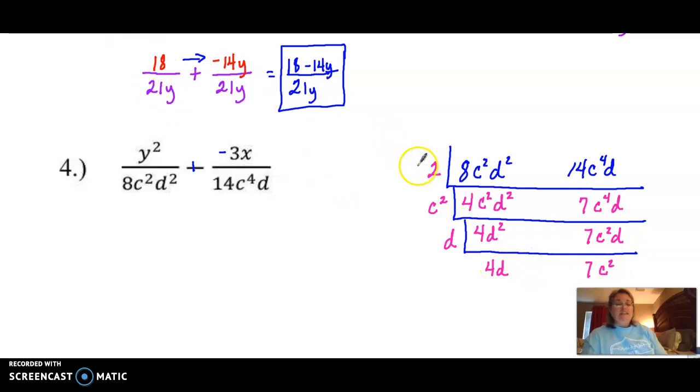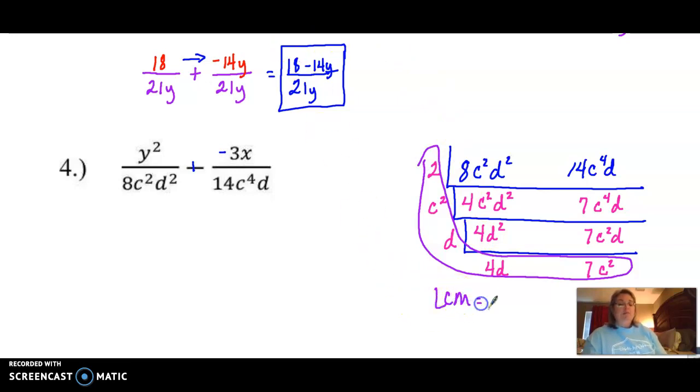So my LCD is all of these multiplied together. Or LCM, sorry. Least common multiple, which is our lowest common denominator, or LCD as well.